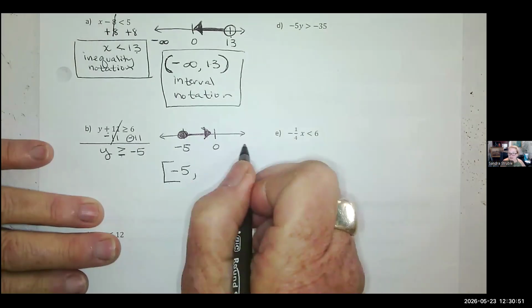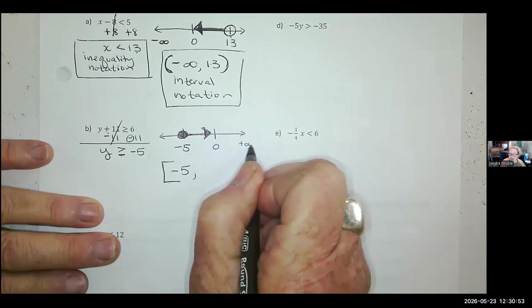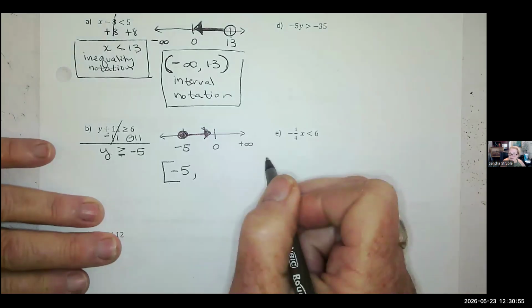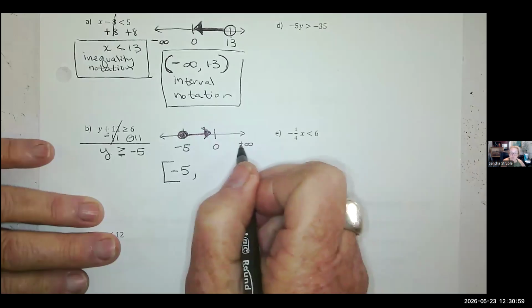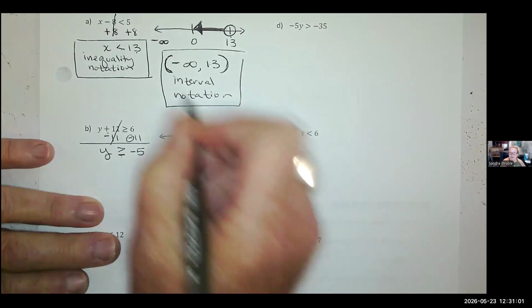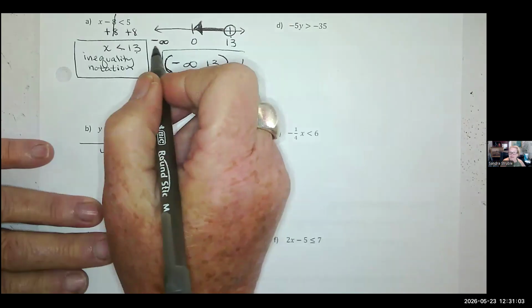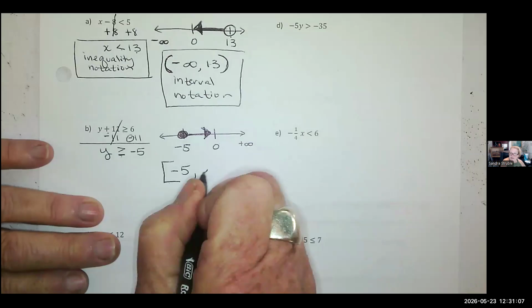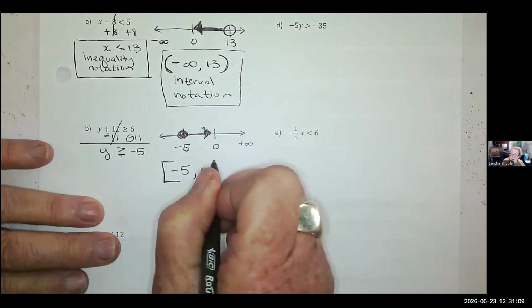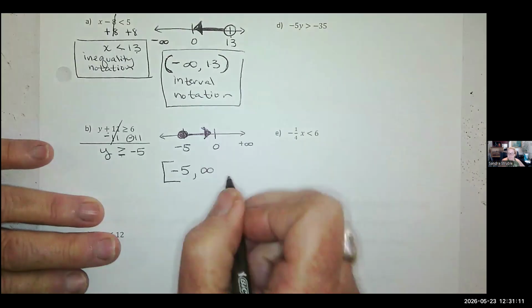We don't know what that number is. You do not have to, with positive infinity, reference it with the positive in front. You do have to reference the negative infinity. Positive infinity can just be written as infinity. And remember, infinity, positive and negative, is always a parenthesis.